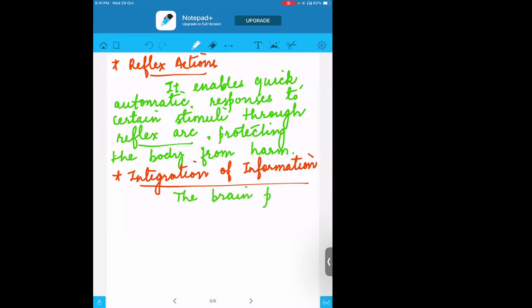Like we have a computer to process things, in the same way the brain will also process the information and make the decisions. That is why in the movies you might have seen they say either I should listen to my brain or I should listen to my heart, because most of the time the brain only will process the things to make decisions.